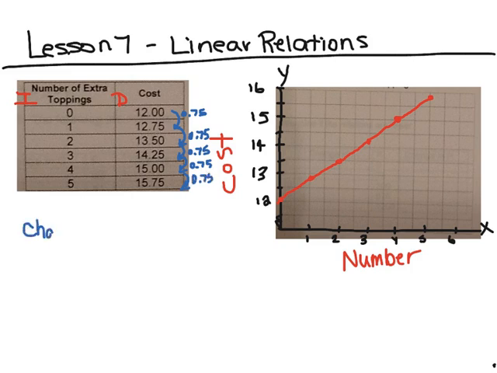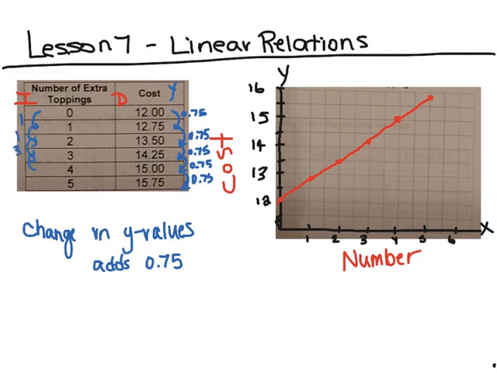So the change in our y values, so that's our dependent, these are our y values, goes up by 75 cents. So adds 0.75. When we go from 0 to 1, this is 1, 2, 3, 4, 5.